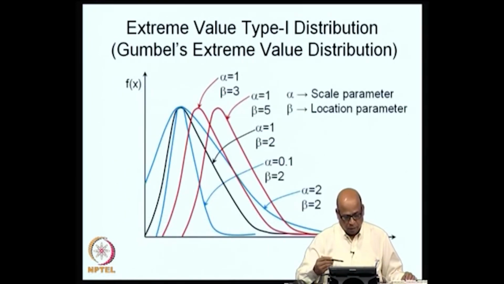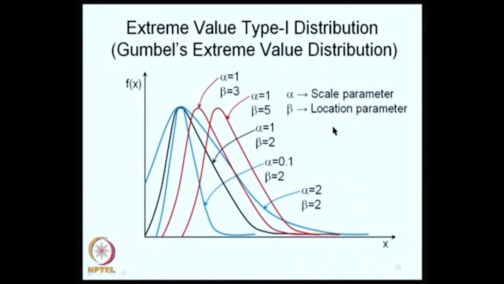Now, as I mentioned, alpha is a scale parameter and beta is the location parameter. Let us see how the shape and the location change with different betas. You look at this, beta is equal to 3 and beta is equal to 5 for the same alpha. The distribution has shifted. So, the location has shifted from one point to another point. Then beta is equal to 2 is at this location for the same alpha, alpha is equal to 1.